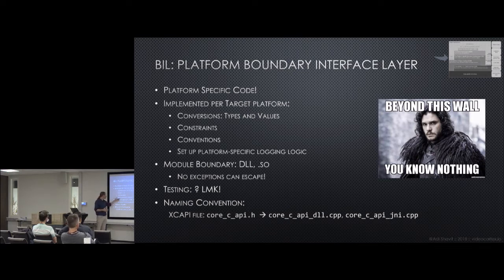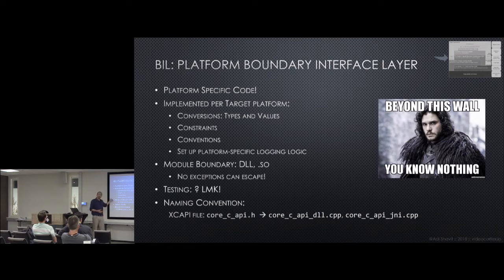Also, it's a great place to set up logging logic. There are many logging libraries that have very generic backends that are cross-platform, and you only hook in platform-specific implementations at the beginning. So this is a great place to hook in your logging infrastructure for each particular platform and still get the same logging infrastructure underneath that works for all platforms.